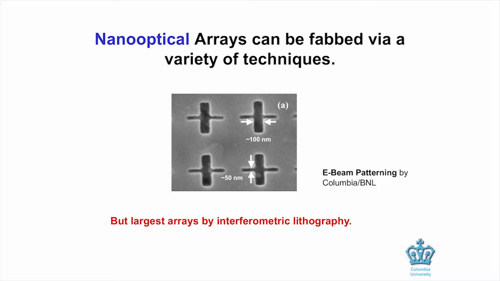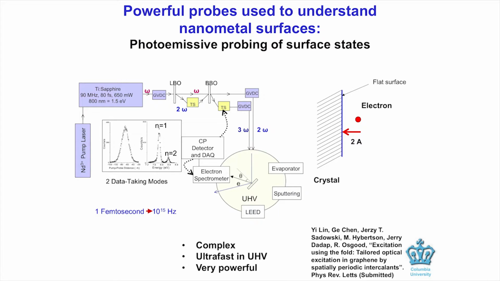Here's an E-beam, which was done, I think this was a SEM writer that was out at Brookhaven at the time, and we made very high resolution little crosses right here. But while these are very good and they show you can etch, they're not big enough for some of the applications that we need. You can't get the field you need because you have to stay coherent over a long distance.